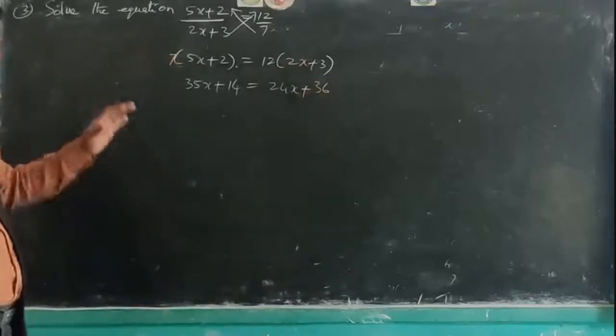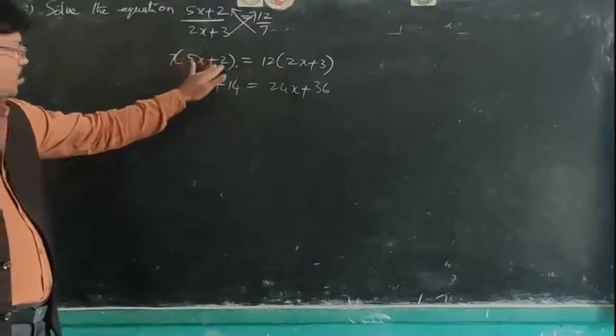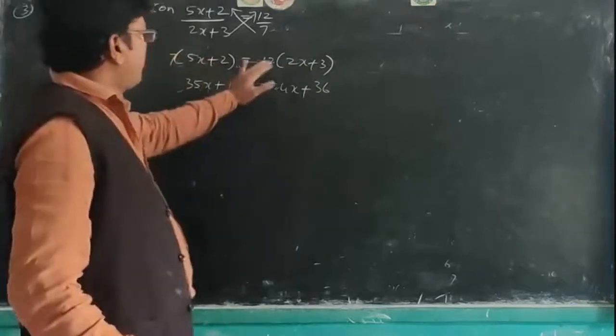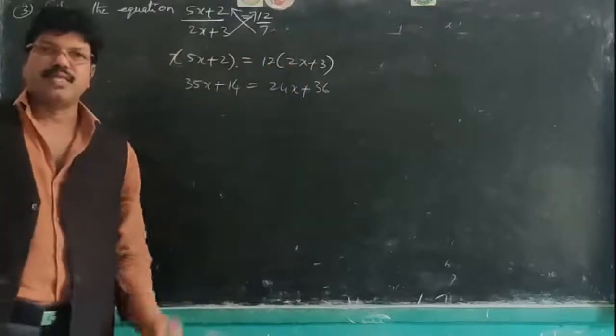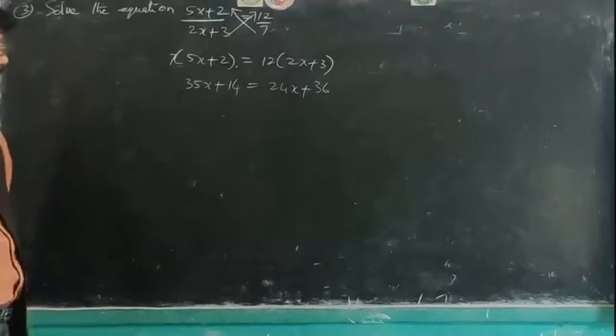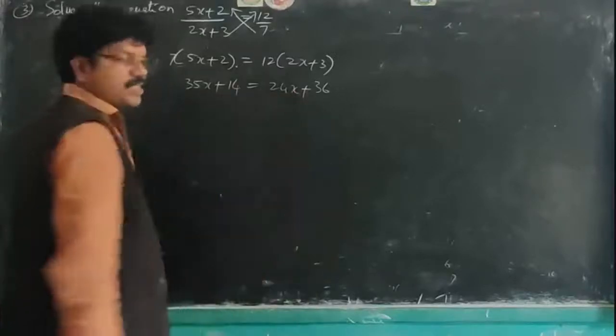Before clearing brackets, we multiply by 7 these two terms, and we multiply by 12 these two terms. Then we remove the bracket. So again, 35x plus 14 equals 24x plus 36.